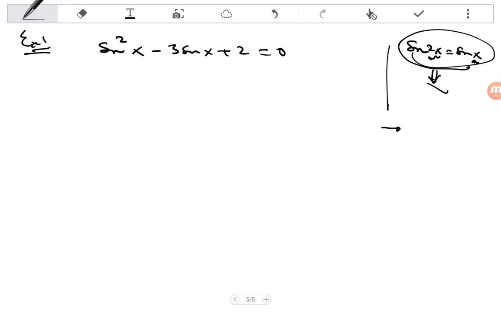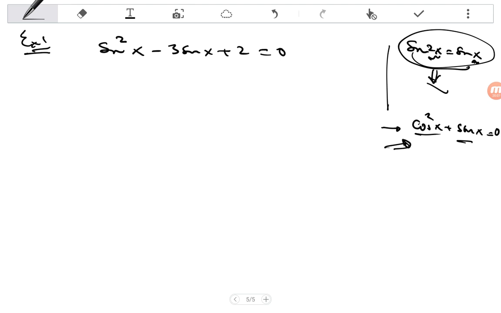Okay, the second condition is to express them all in terms of one trigonometric function. For example, just like we'll see in another example, I may have, for example, cosine squared x plus sine x equal to 0. In this case I have two trigonometric functions in the same equation.